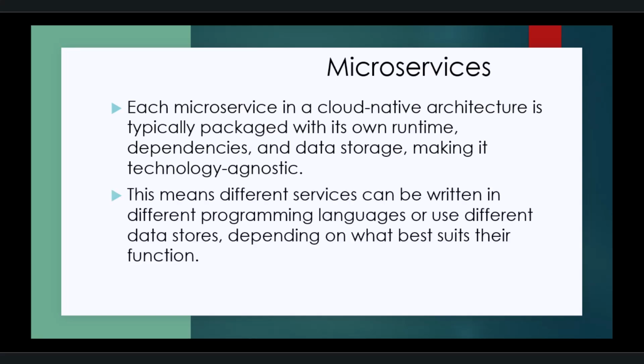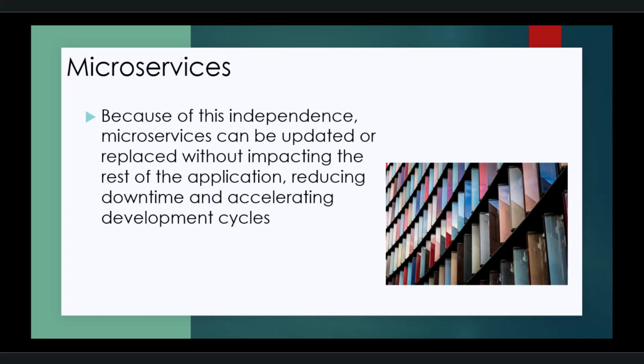This means different services can be written in different programming languages or use different data stores, depending upon what best suits their function. Because of this independence, microservices can be updated or replaced without impacting the rest of the application, reducing downtime and accelerating development cycles. And again, communication between microservices is often handled through asynchronous messaging or RESTful APIs.